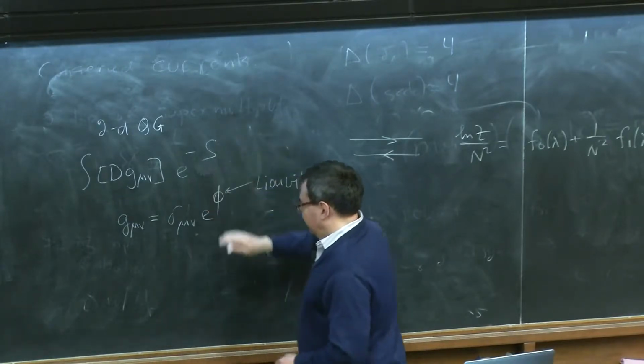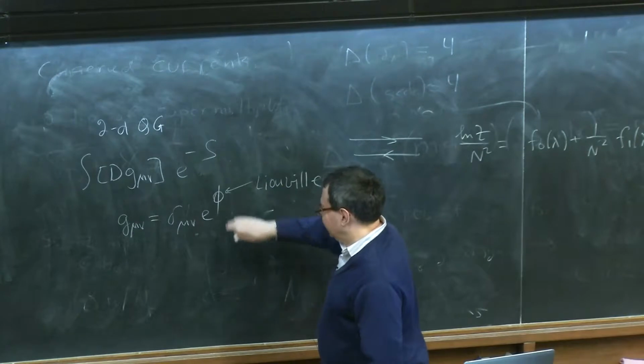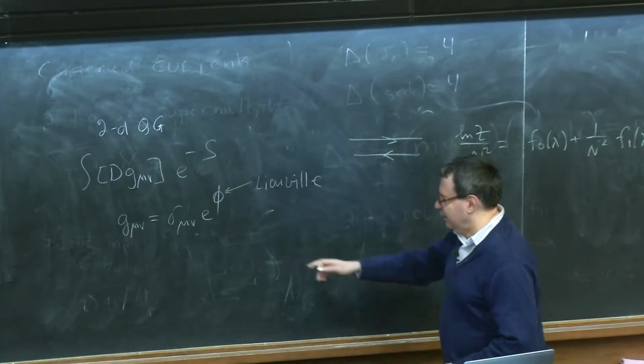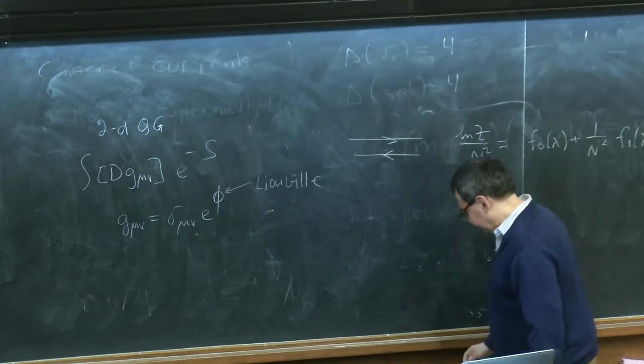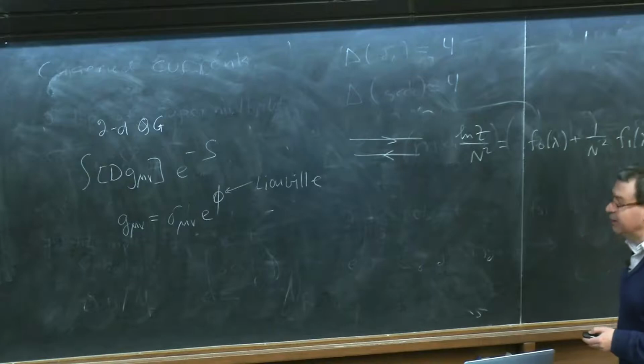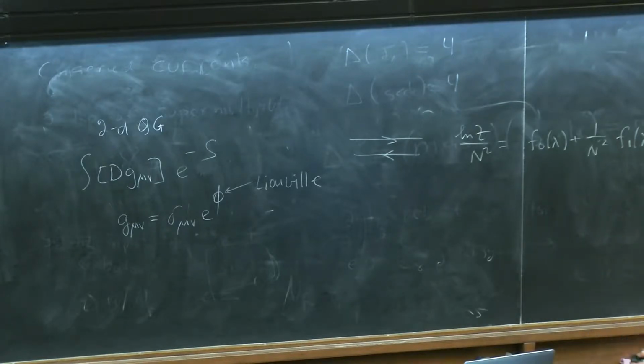And then you get some effective theory, which is like an interacting theory of the scalar field. So this is not the main topic of my lectures, but you can certainly read about it in various sources.